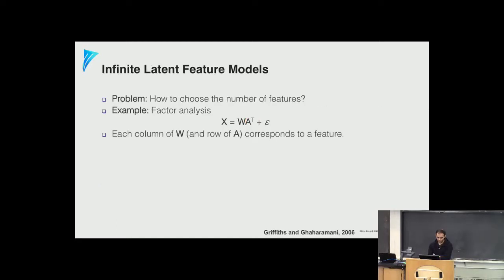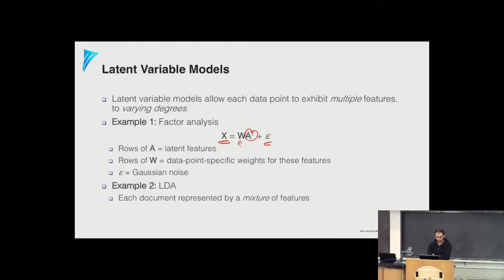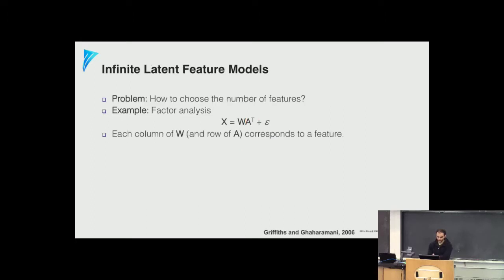But let's look a little bit closer at the first example with factor analysis. Let's say we have K latent features that are represented by these A's, and for every example we have some combination of these features, and this combination, as given on the slide, is linear. It could be convex, it could be something else.